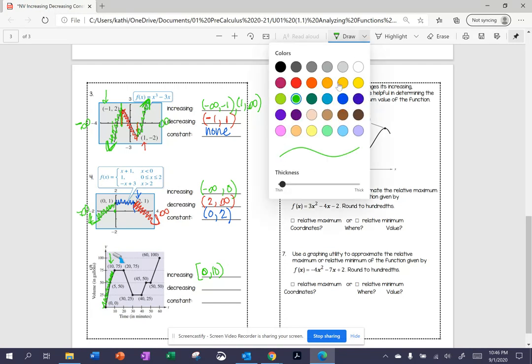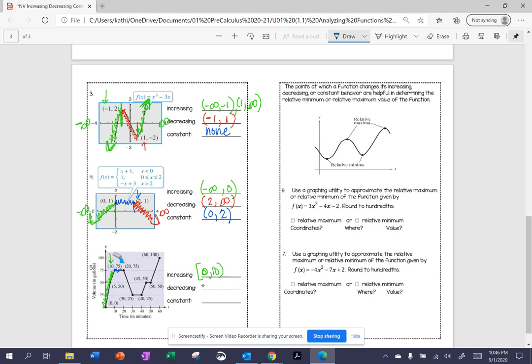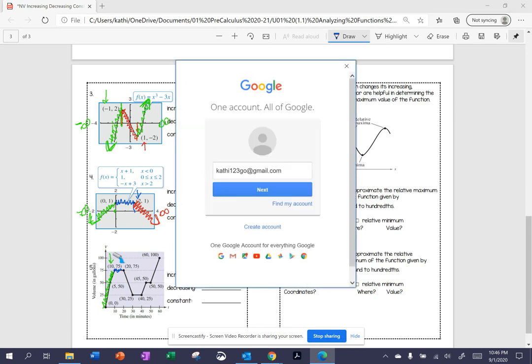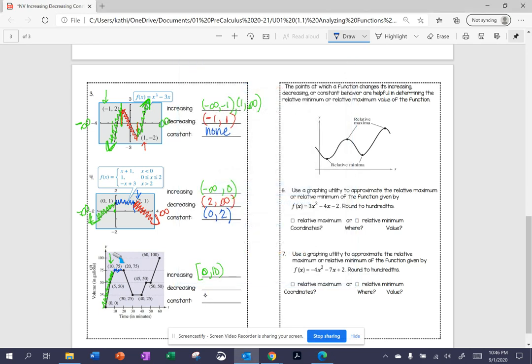Well, my next section is constant, so I'm starting at 10, and I am ending at 20. And I'm not including 10 or 20, so I'm using parentheses.